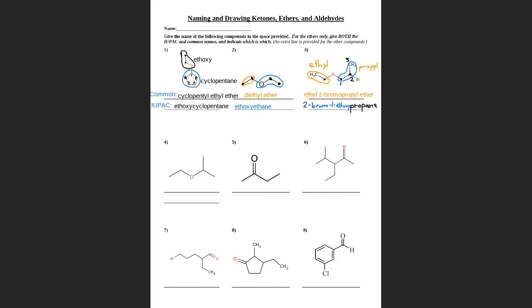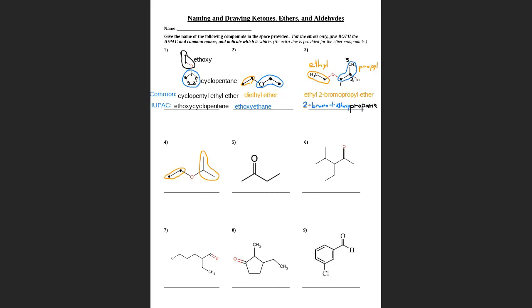Okay, so number 4, in this case, if you were to do the IUPAC naming, or if you were to do the common naming, we'll do that first. You have two branches. You have this branch and you have this branch. The branch on the left is composed of 2 carbons, so once again that's an ethyl.